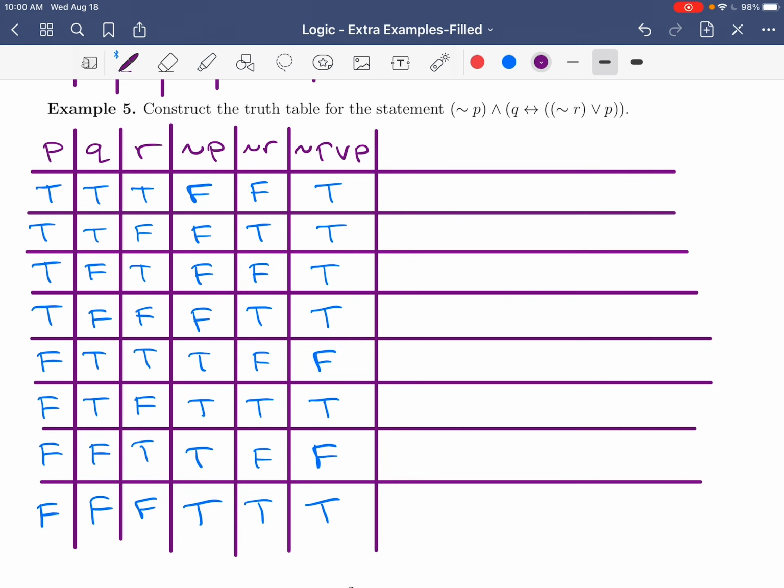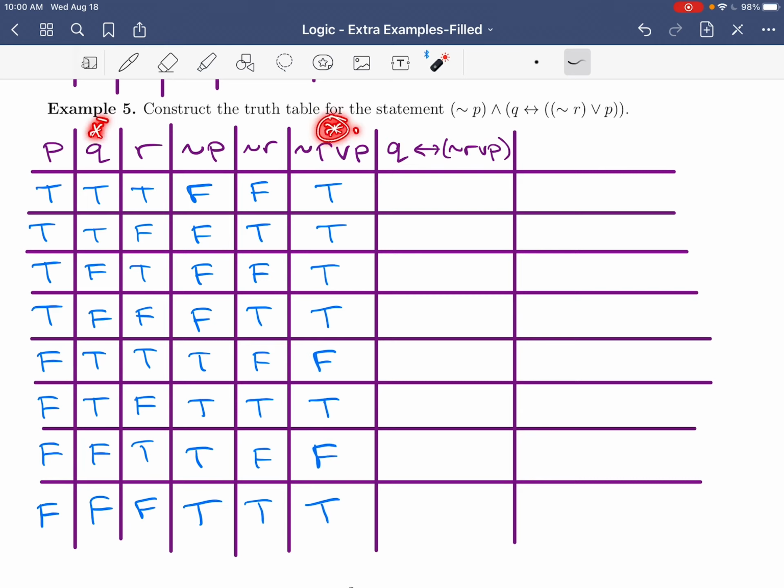Okay, now I want Q if and only if not R or P. So the if and only if is true when these two things have the same truth value. Okay, so I'm looking at this column and this column.